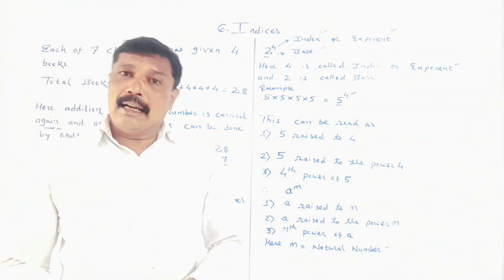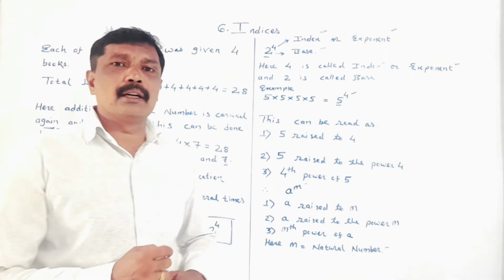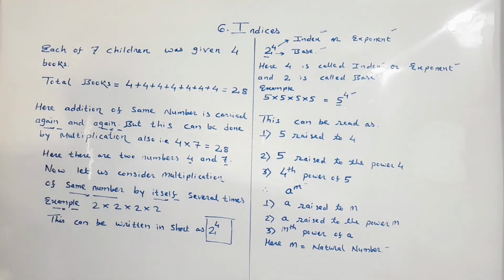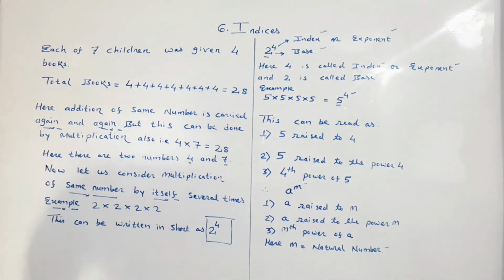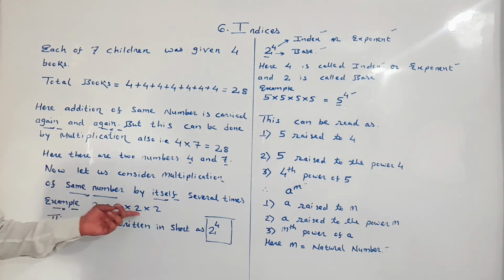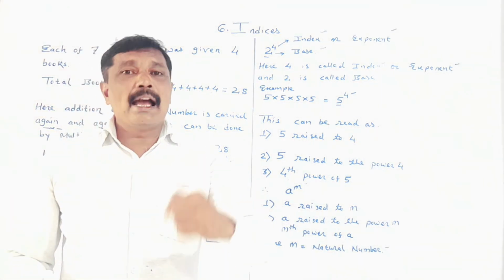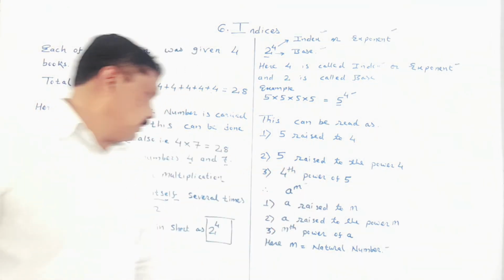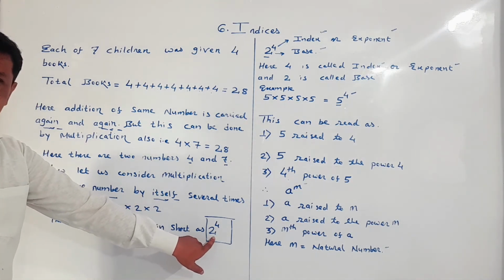From this knowledge, let's study what indices are. My dear student, if we take an example in which we multiply the same number by itself several times, then we can write it in this way: 2 into 2 into 2 into 2. Here we have taken 2 and multiplied it several times. So we take 2 as the base.